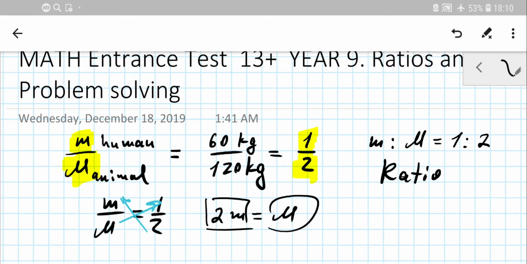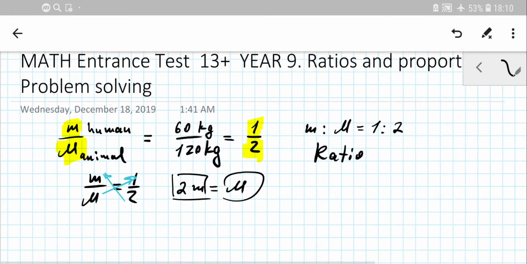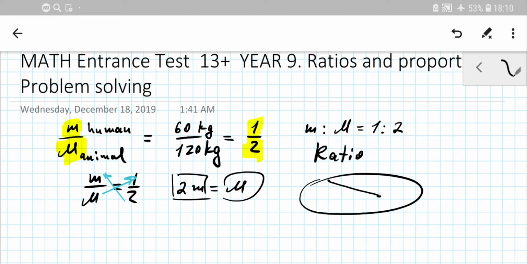Okay, so that's ratio. This is the simple case, but in the general case there might be a pizza pie, let's say, and you split it into 3 different parts between friends. Let's say this is Tom, this is Mike, and this is Kate.